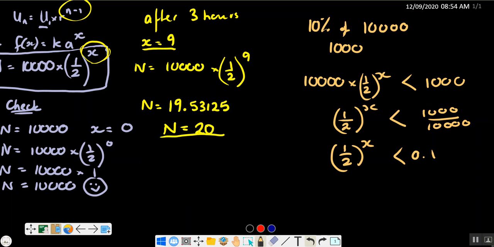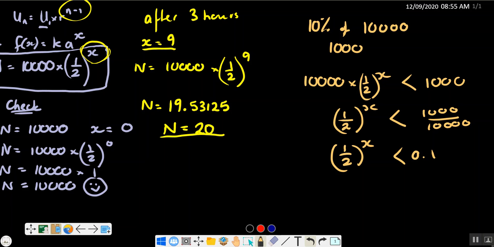Now, we've come across this before with our geometric sequences. We're doing exactly the same thing again. How do we do it? Could be, yeah. But we don't have the right calculators for it.